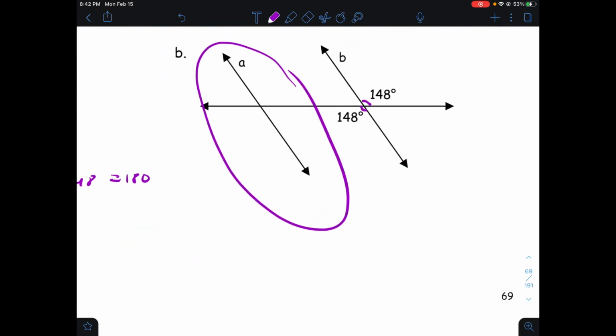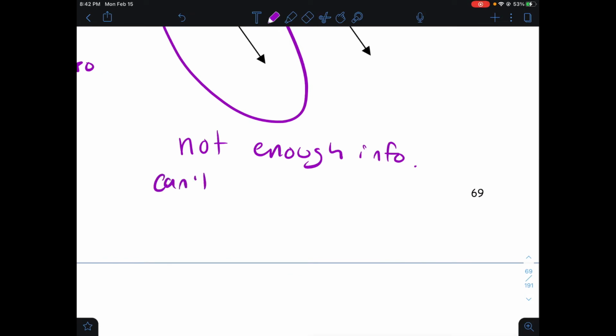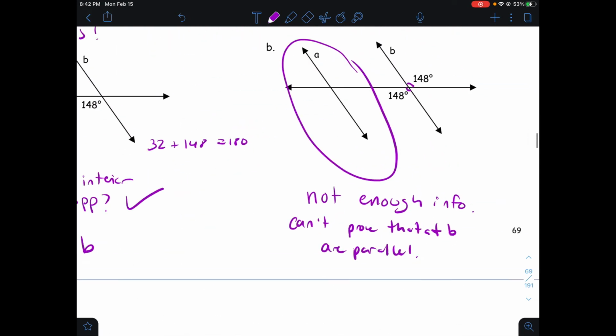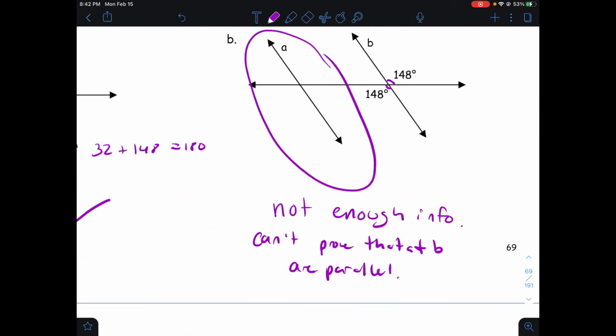So we don't necessarily know if A and B are parallel, but we could say there is not enough information. Right? So we can't prove that they're parallel. Very nice. All right. Oh, sorry. I should probably give you a second to write that down, shouldn't I?